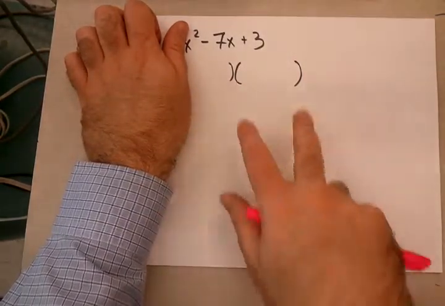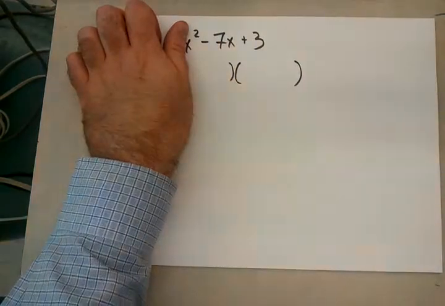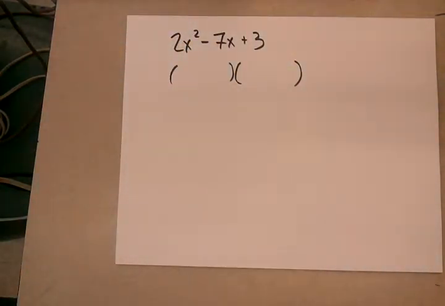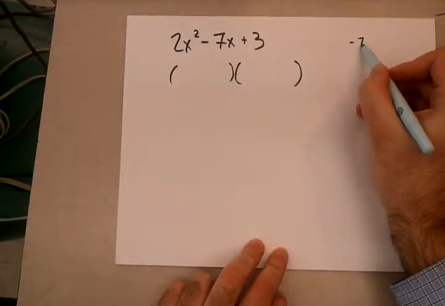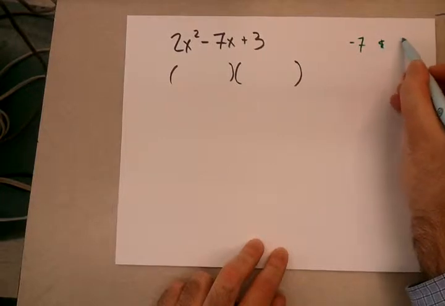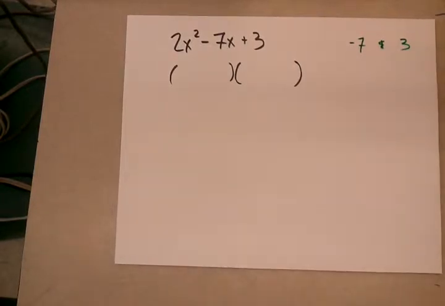Aside from that first term, you would look at the negative 7 and the positive 3. And then you would figure out what two numbers would add up to a negative 7 and multiply to a positive 3. I'll give you a hint. Nothing will work because you have to account for that too. But we'll talk about that in just a second.